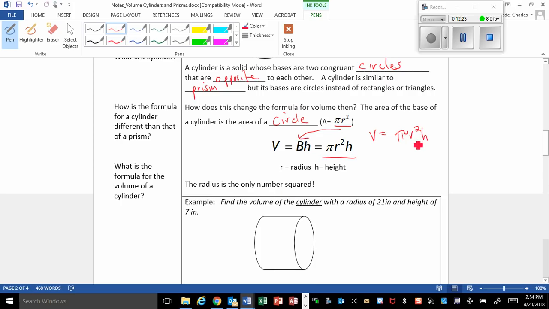Remember, just like when we did irregular shapes on the test we just took, we square the radius first. Order of operations.